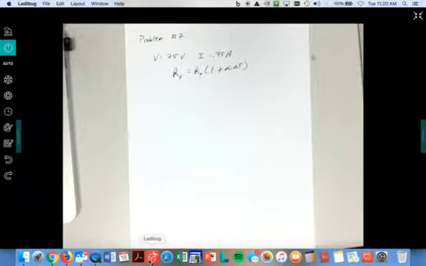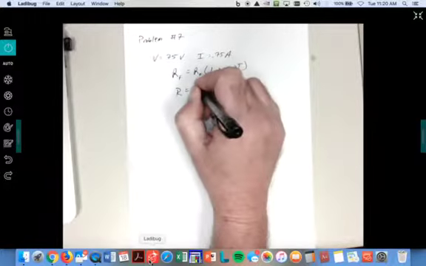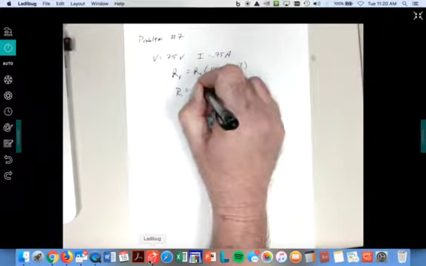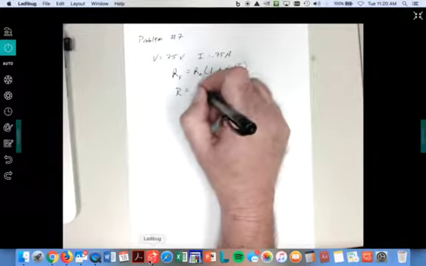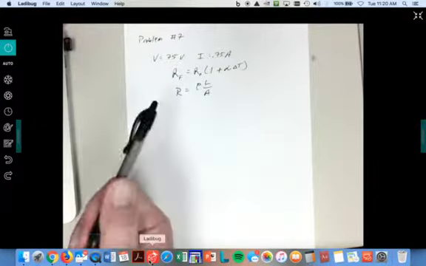And we know that resistance in general is equal to rho times L over A.